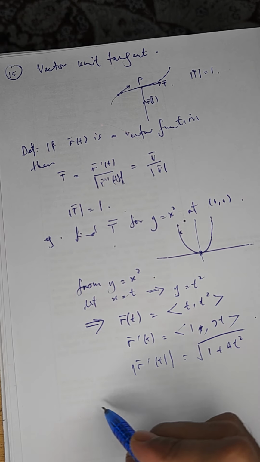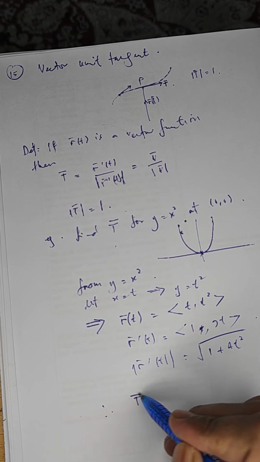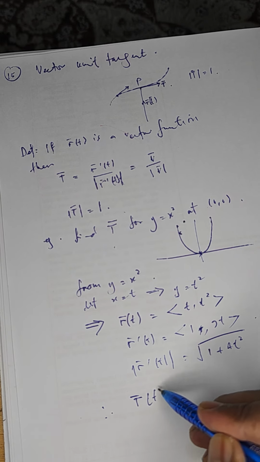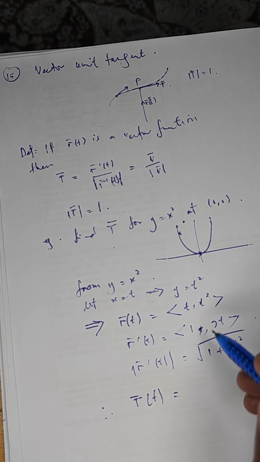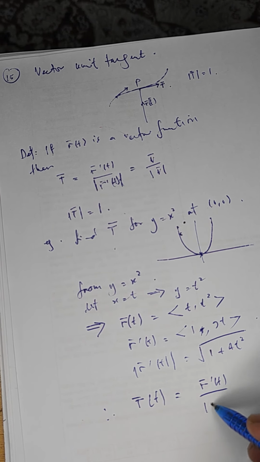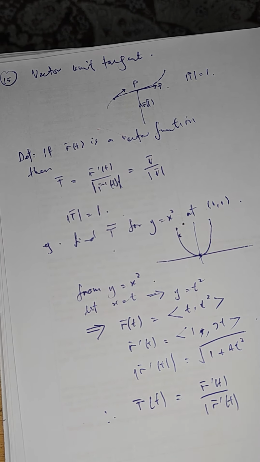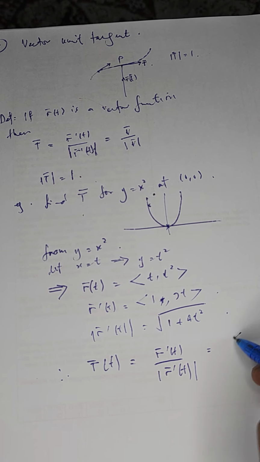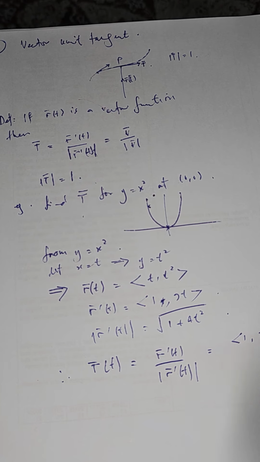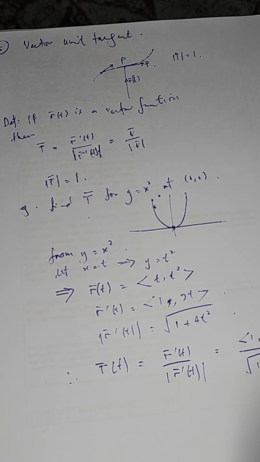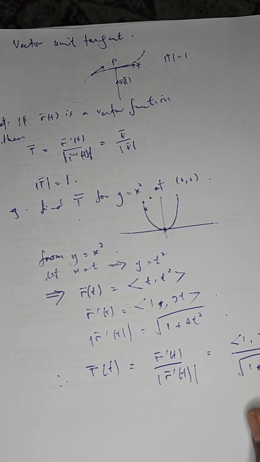Therefore, the vector unit tangent at any point t is r prime t over magnitude of r prime t, which is (1, 2t) over the square root of 1 plus 4t squared.